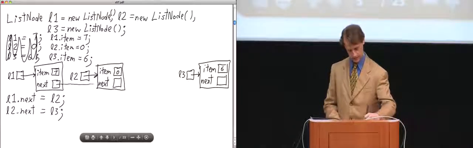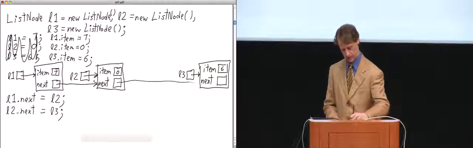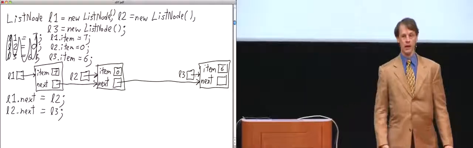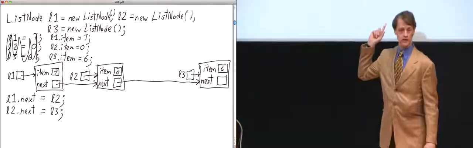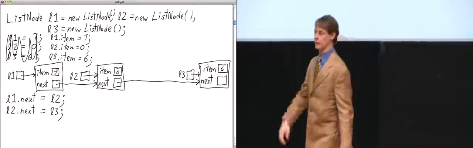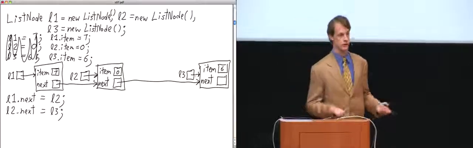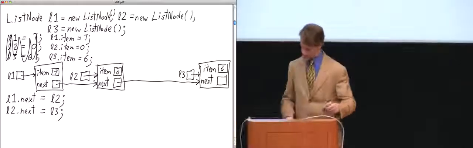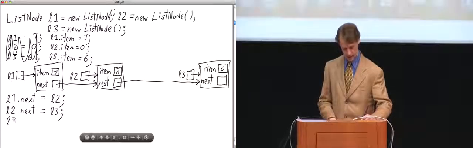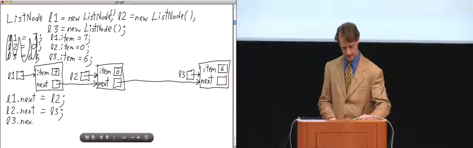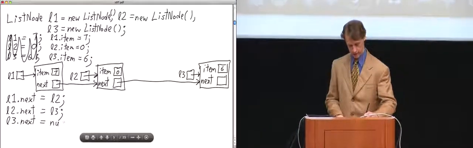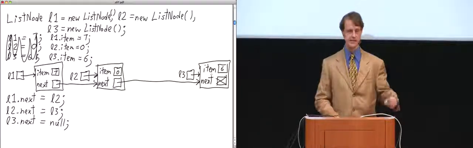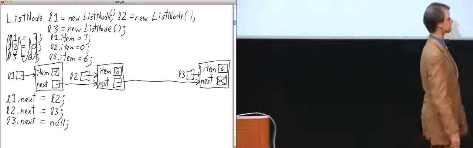And so these lines of code hook these together into a list. And I want L3 to be the last node in the list, so it's not going to point to anything. Its next pointer by default is already set to null, but I'm going to make it explicit just so that there's no ambiguity. I'm going to write L3.next equals null. And recall, I draw an X in that box as my way of indicating that's a null pointer.